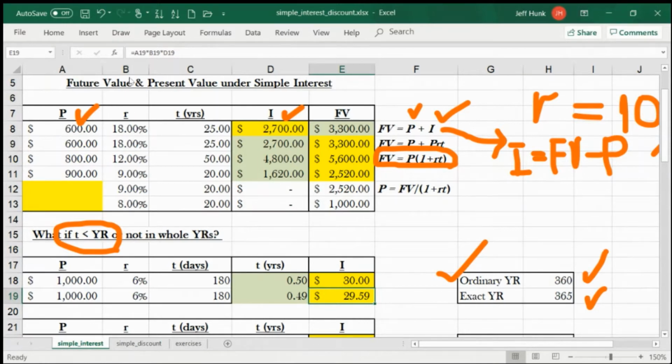And exact interest year is what you use only if the problem specifically instructed you to use exact interest year.